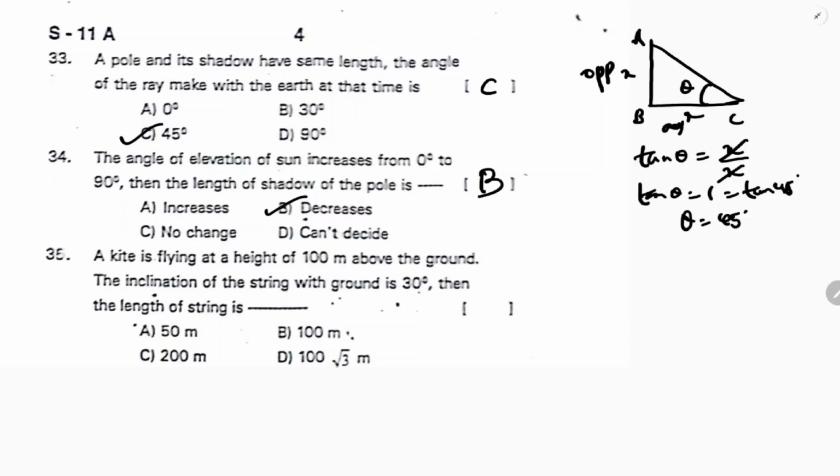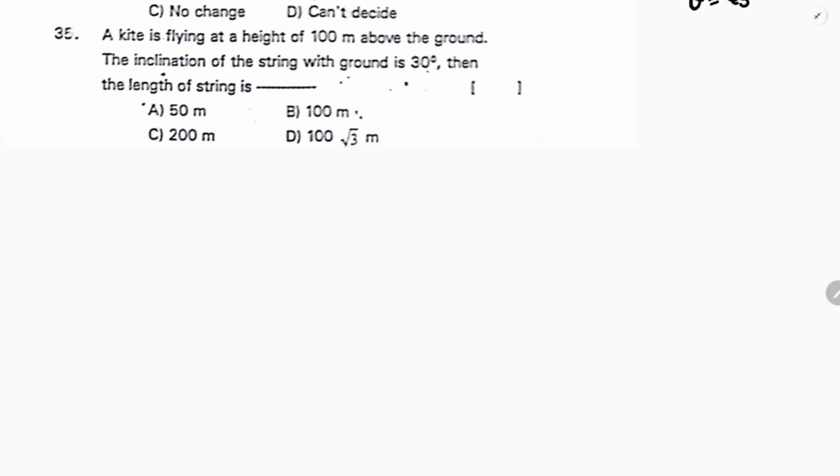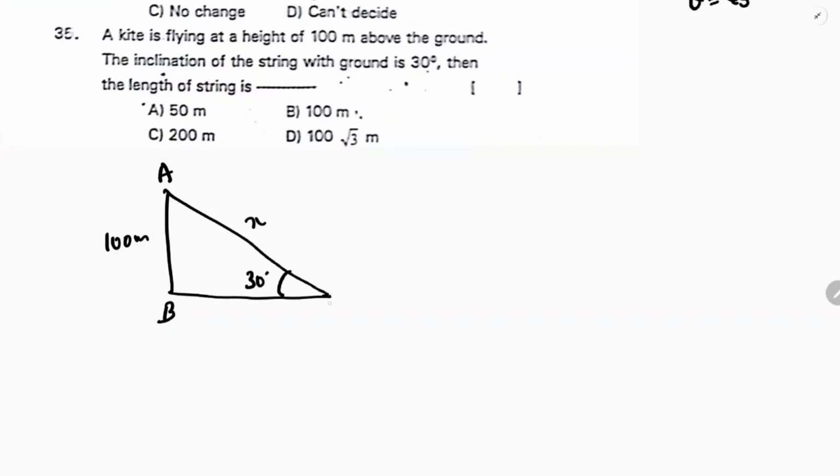A kite is flying at a height of 100 meters above the ground. The inclination of the string with the ground is 30 degrees. Then find the length of the string. So I need to find AC, the length of the string.